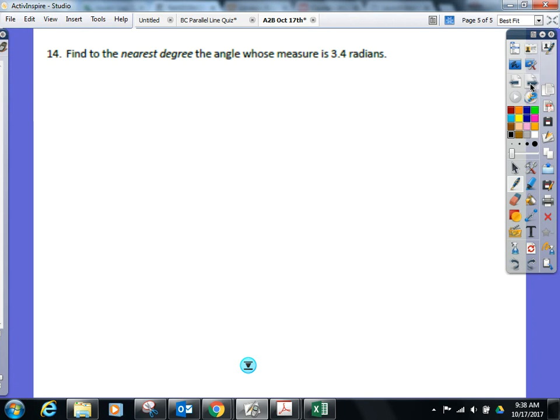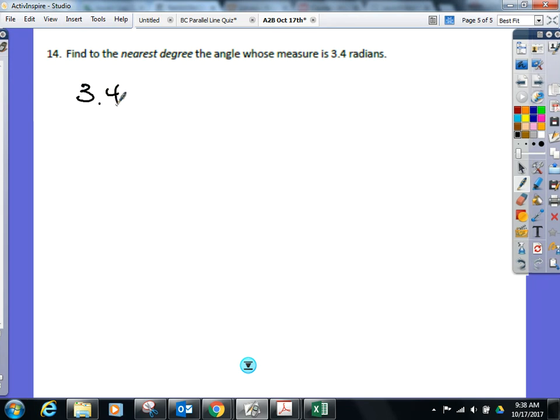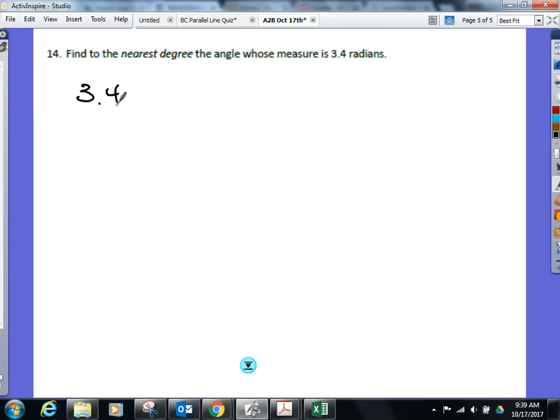Don't put a pi with it. Take your 3.4 radians. How do I go from radians to degrees? What is the conversion? 180 over pi. The pi's not going to cancel out. Get over it. Don't put a pi with it to get them canceled out.